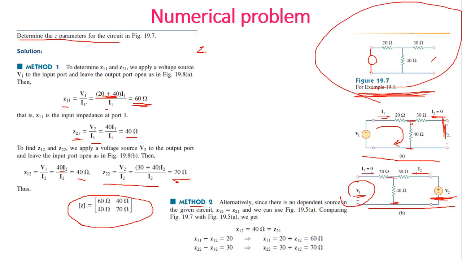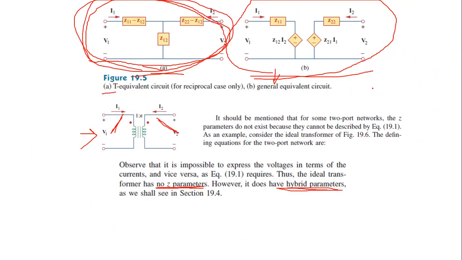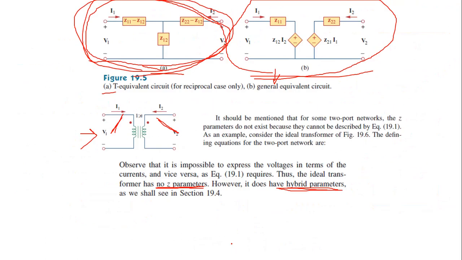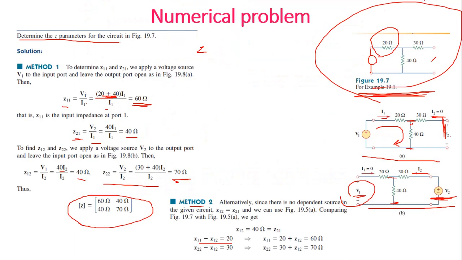Now we can write one thing, right? Here Z11 minus Z12 is equal to 20 ohms. That is what is written here: Z11 minus Z12 is equal to 20. Another, here, Z22 minus Z12 is equal to 30.